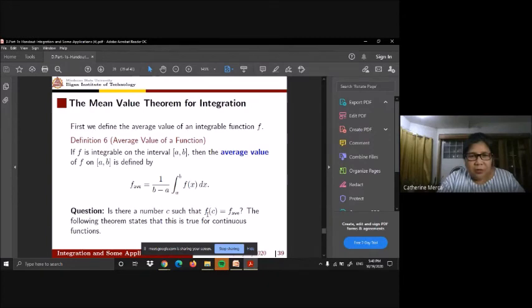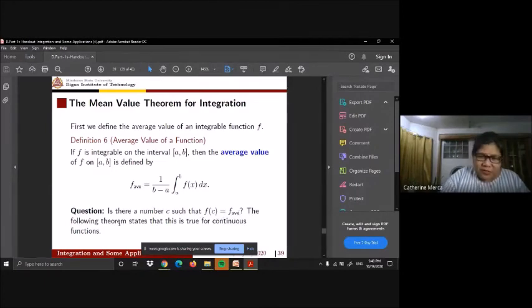Okay, what is the mean value theorem? You have to first define the average value of an integrable function. If f is integrable on the interval [a, b], then the average value of f on [a, b] is defined by f average equal to 1 over b minus a, times the integral from a to b of f of x dx. Is there a number c such that the function at c equals the function average?